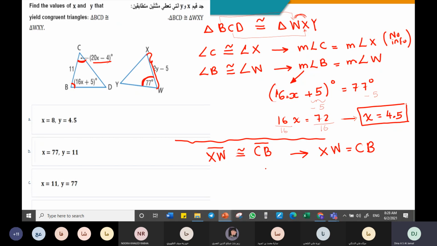Let's substitute. y minus 5 equal to 11. Excellent. Now solve this equation. Plus 5, plus 5. Good. y equal to 16. 16 divided by 2 equal to 8. Good. y is equal to 8.